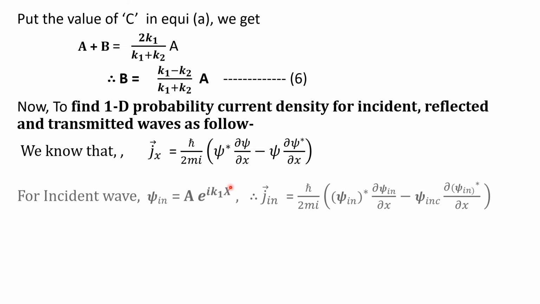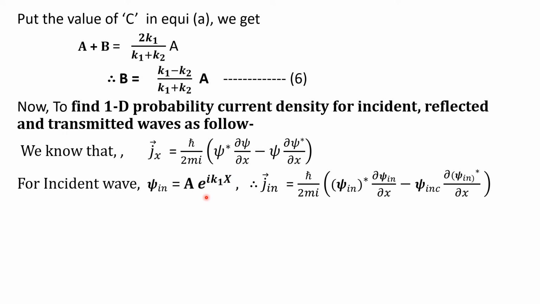Now what is psi incidence? A into exponential ik1x, that is for region 1. We know that we get the solution with two terms, a and b. The first term is a into exponential ik1x. This is the wave function for the incident wave. Hence we substitute this term in that equation and simplify.